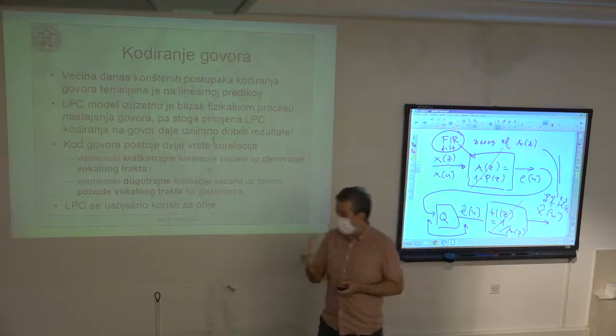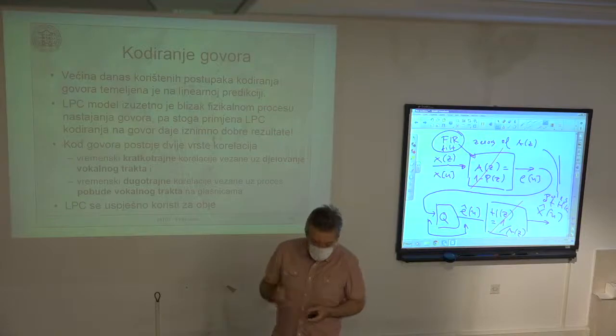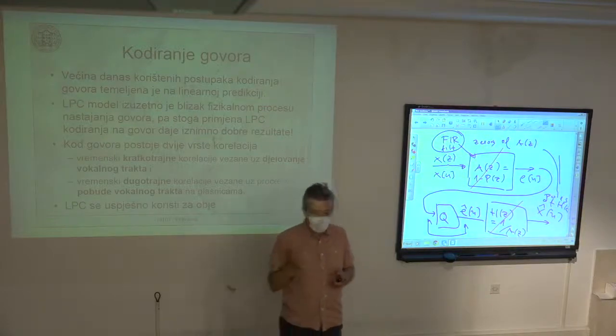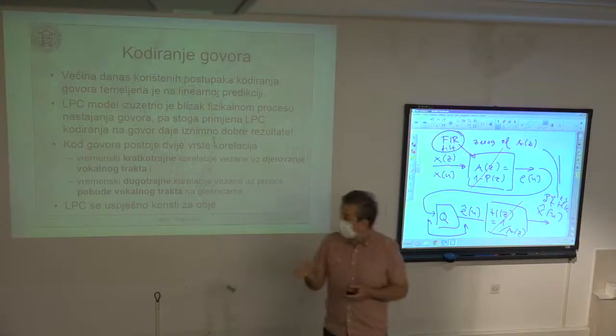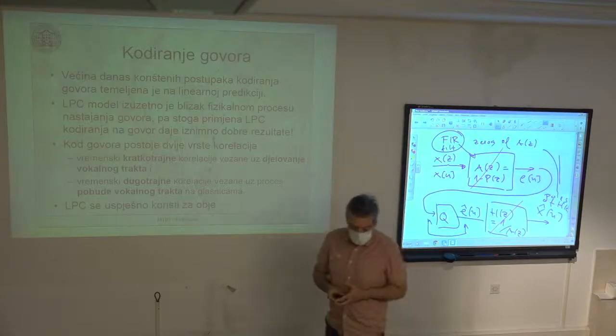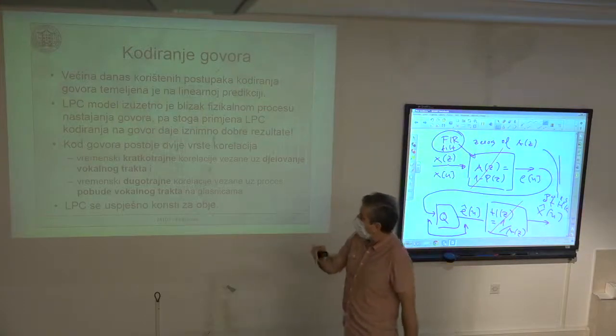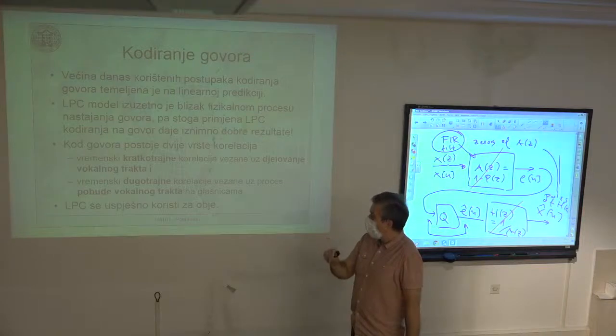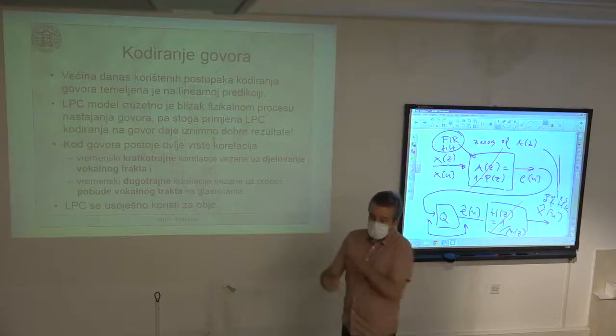So this stream of air is being modulated by the opening and closing of the glottis. So the glottis is intermittently opened and closed, open and closed. And this happens with a frequency of approximately 50 hertz, maybe 60.